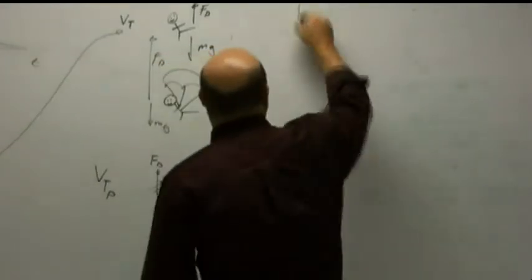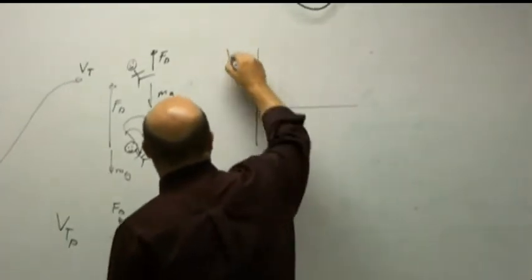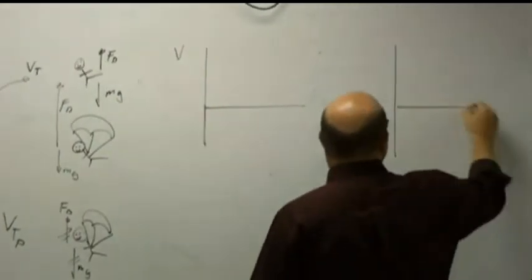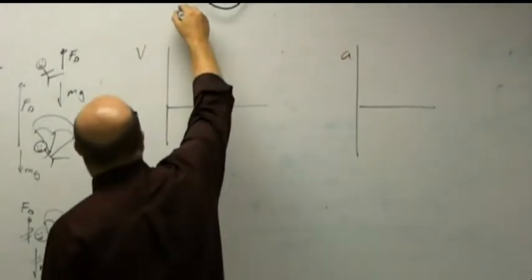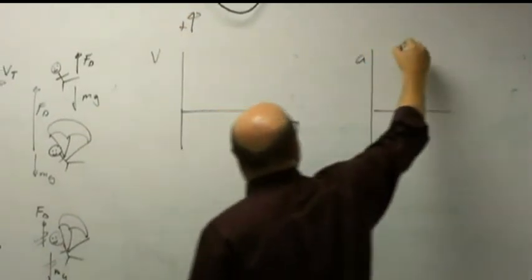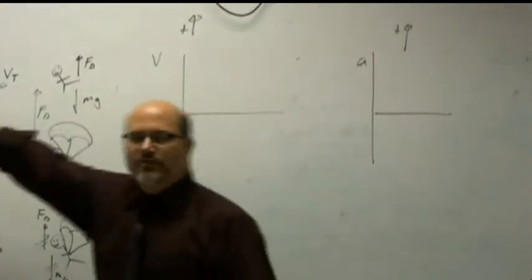Now, my problem over here is I called down positive to begin with, so let's redo these graphs, because that probably wasn't the smartest thing on my part. V and A. And this time we're going to call up positive. We're going to redraw this whole thing.